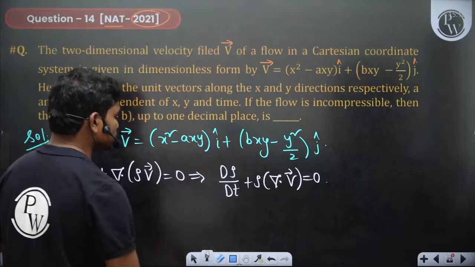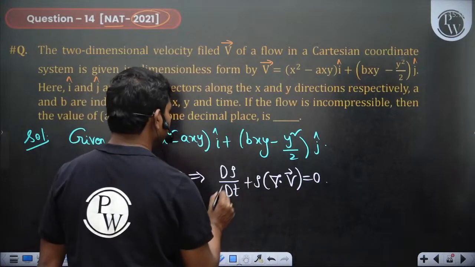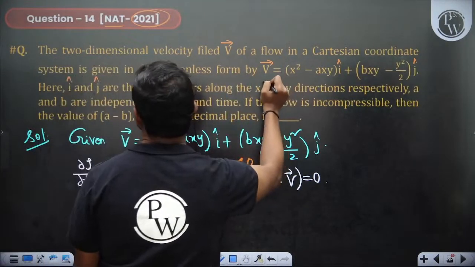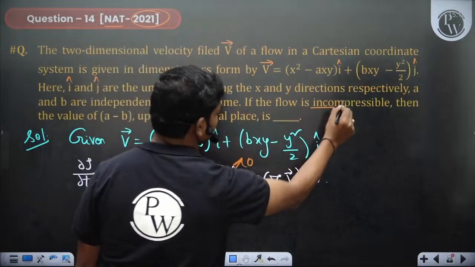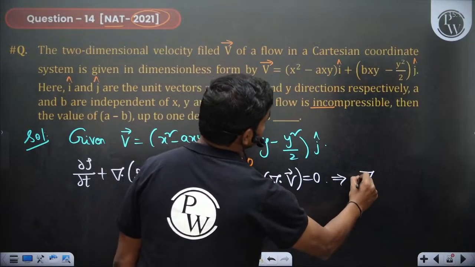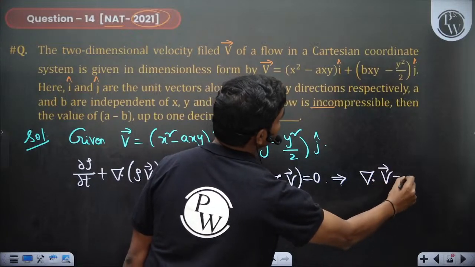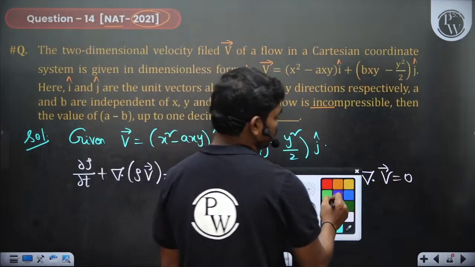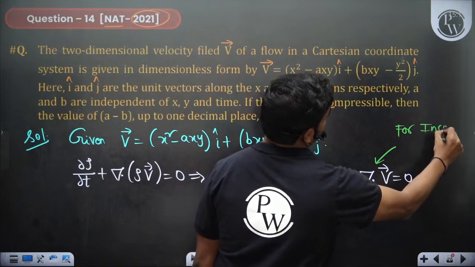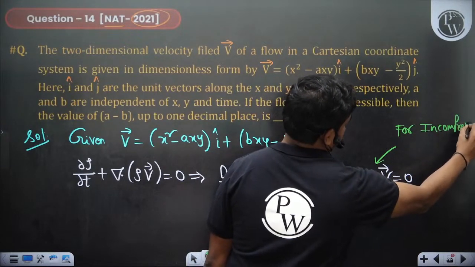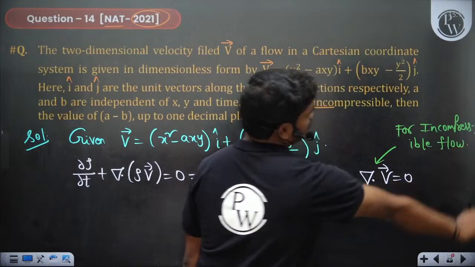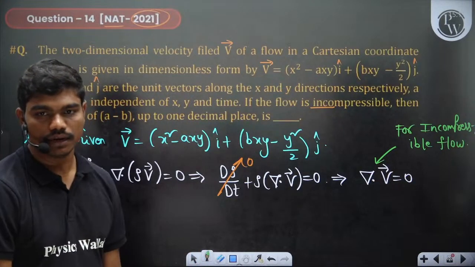You can use any of these two. Now it's anyway incompressible, so the first term is 0, because the question says it's incompressible flow. If the flow is incompressible, then this term is 0, so it should satisfy that divergence of velocity has to be 0 for incompressible flows.